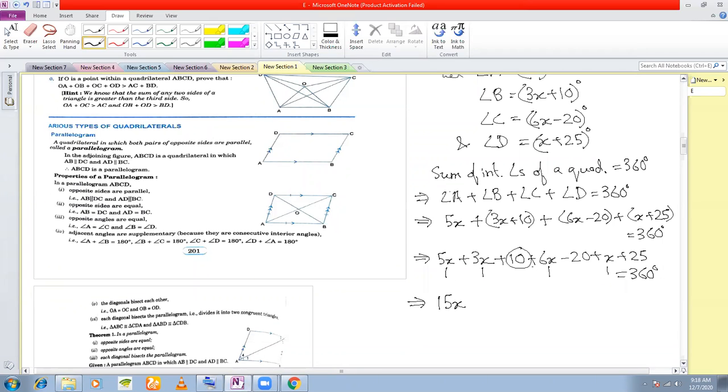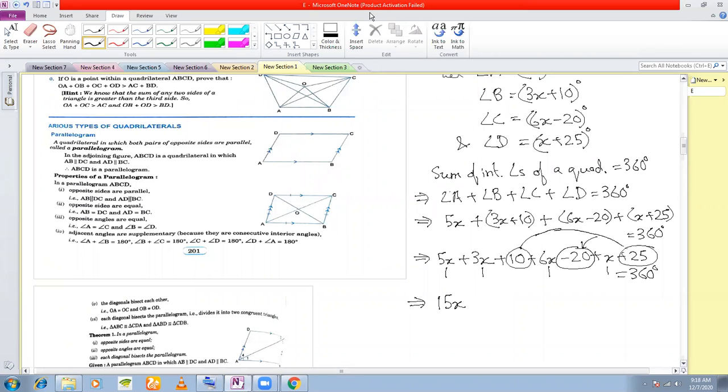What about these constant terms? You have minus 20, you have a plus 10, and you have a plus 25. First add up the 10 and 25, these two. It comes to 35. Then subtract 20. So how much does it come to? 35 minus 20 is... Why are we adding up and then subtracting? Can anyone tell me?